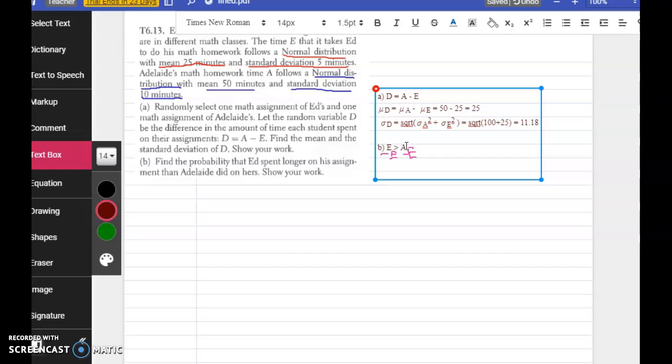But on the left side, E minus E is 0. So I'm going to want to solve 0 greater than A minus E. Or flip that around. That's the same thing as saying I'm going to find the probability that A minus E is less than 0.